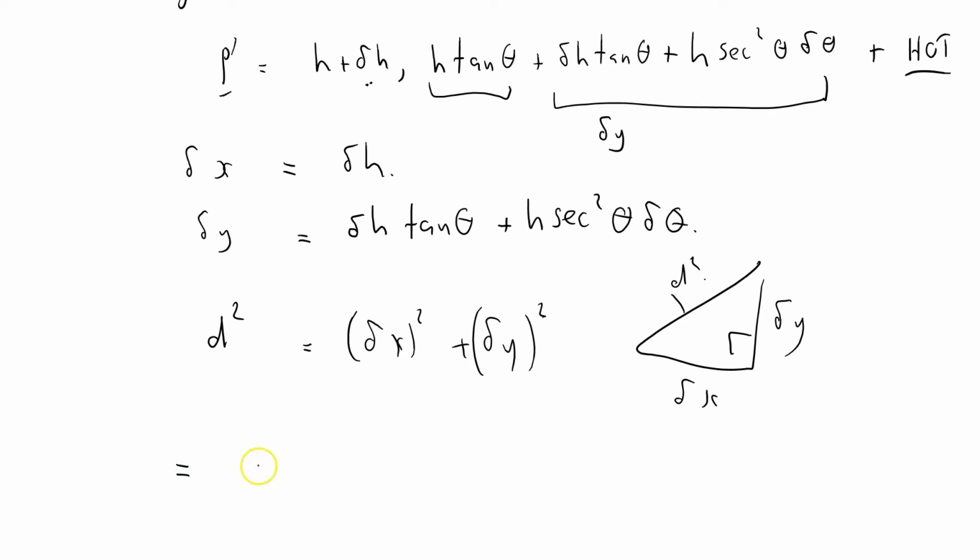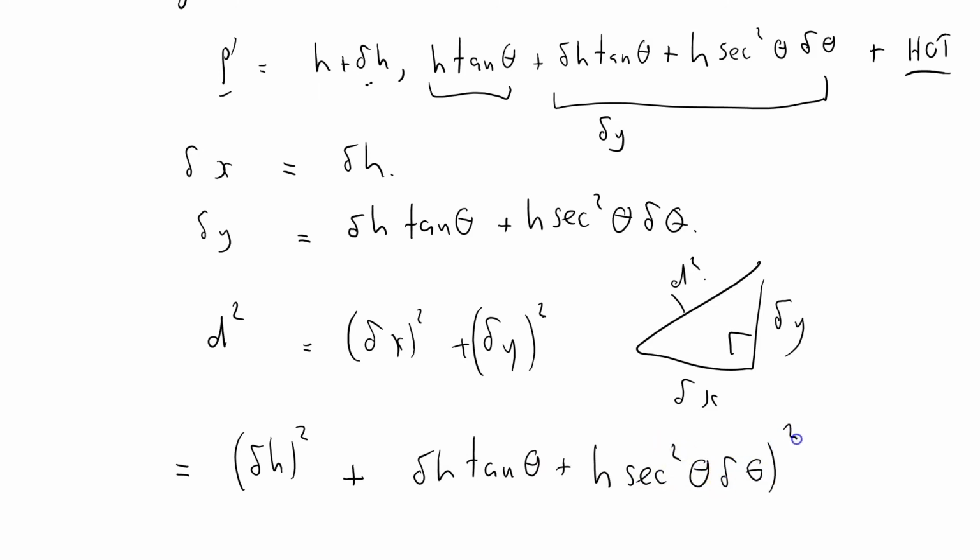Equals what? Delta h squared plus delta y squared. So it's delta h tan theta plus h sec squared theta delta theta all squared. See again how I'm not scared to write it out.